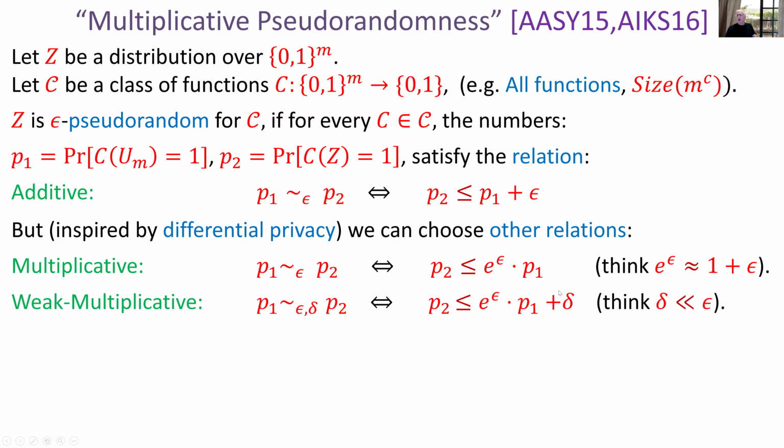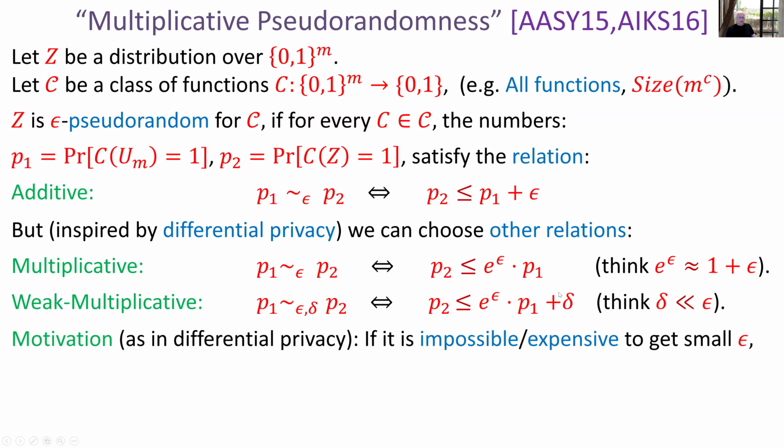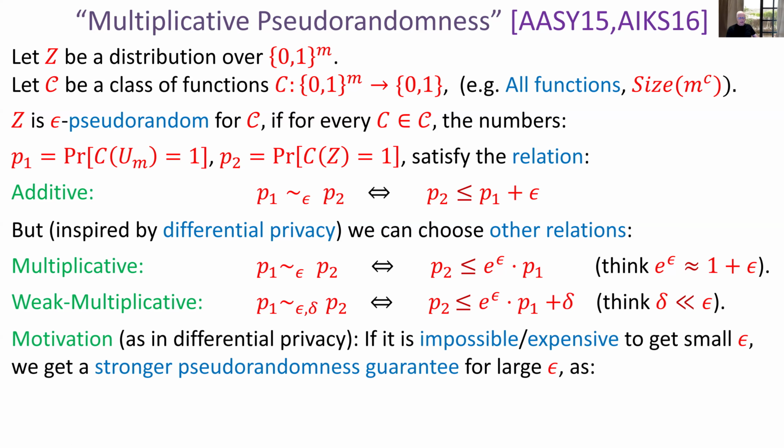So why do we want to allow these new relations? The motivation, just as in differential privacy, is that if it is sometimes impossible or very expensive to get pseudorandom distributions with very small epsilon, then we get a stronger pseudorandomness guarantee for the larger epsilon that we can afford if we use multiplicative or weak multiplicative pseudorandomness.